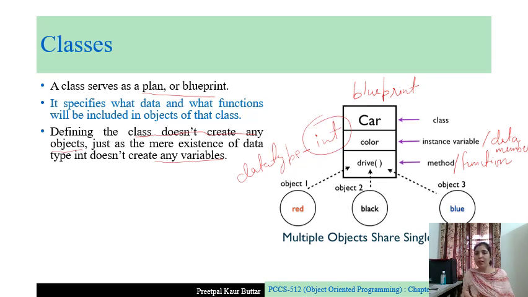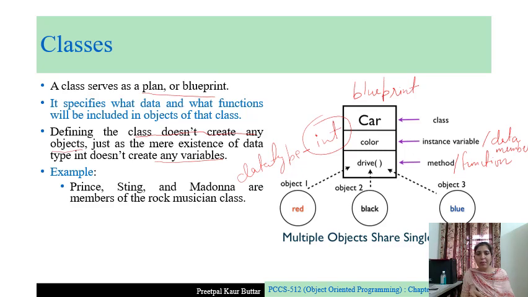We have to create objects. Okay. Similarly, car is just a blueprint. It actually does not create any objects. It does not create any variables of class car.